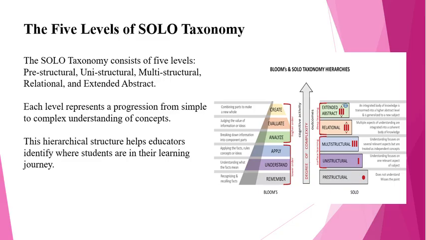Then we have the relational level, in which the multiple aspects of understanding are integrated into a coherent body of knowledge. And at last we have extended abstract. It means an integrated body of knowledge is transferred into a higher abstract level and generalized to a new subject. So between the Bloom taxonomy and the SOLO taxonomy, there is a degree of complexity which describes the overall outcomes and the cognitive activity.